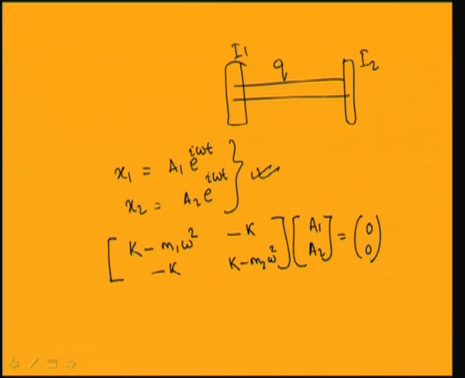So, for non-trivial response, the determinant will be equal to 0. So, the determinant will be (k minus m1 omega square) into (k minus m2 omega square) minus k square equal to 0. So I can write the determinant in this form.